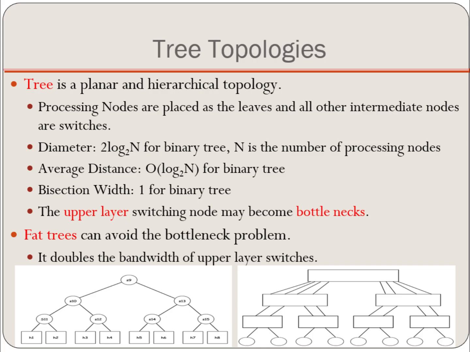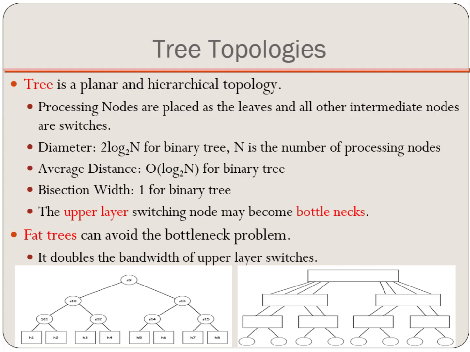So in tree topology, usually these intermediate nodes only play the role of the network. The message only goes through these intermediate nodes, and the computing nodes usually are organized at the leaves.